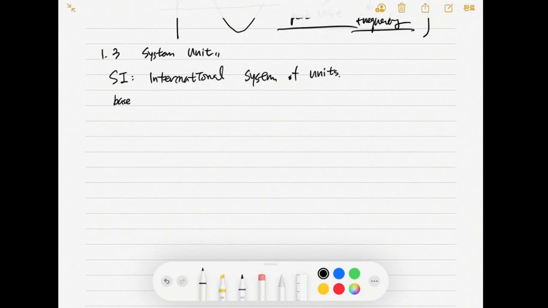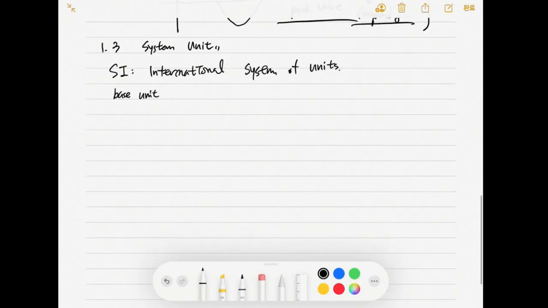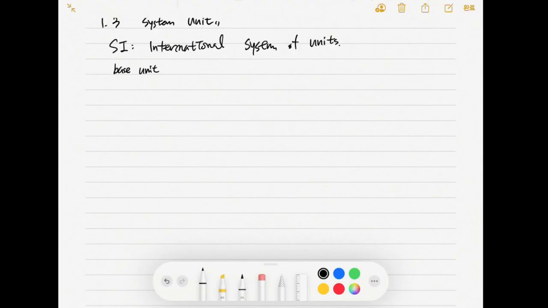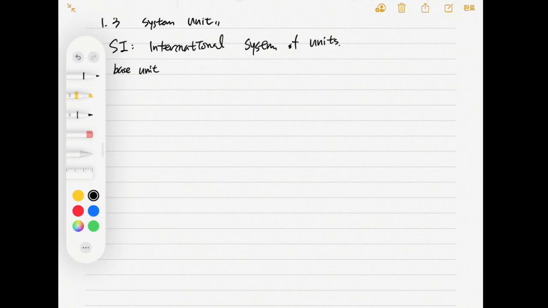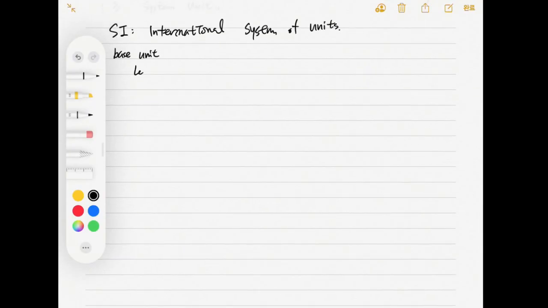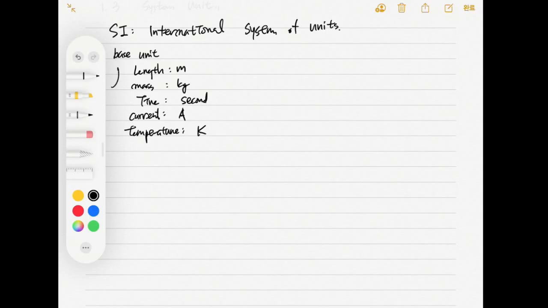For example, the base unit of SI in the case of length is the meter, mass is the kilogram, time is the second, current is the ampere, and temperature is the Kelvin.